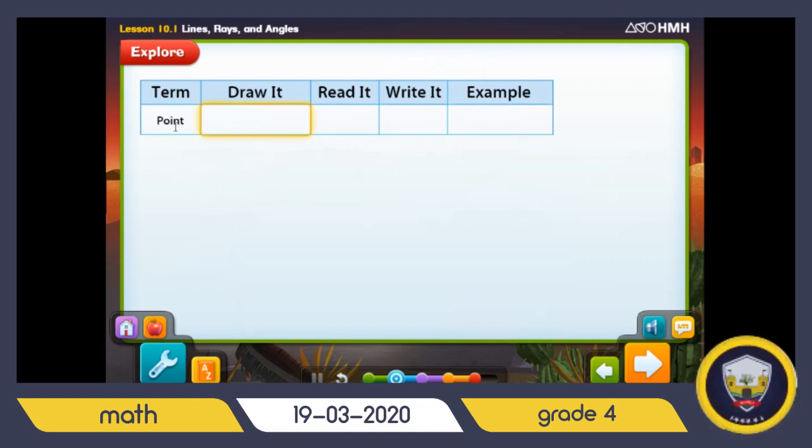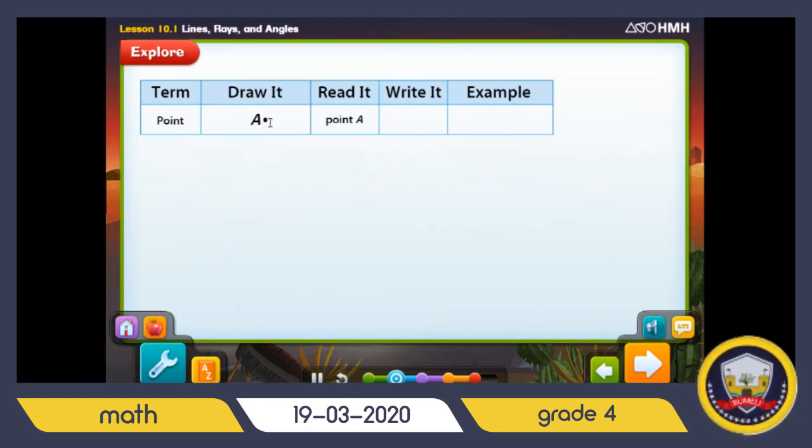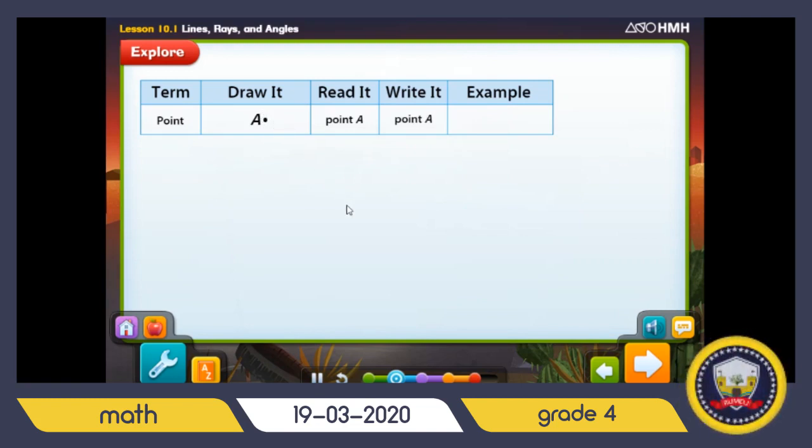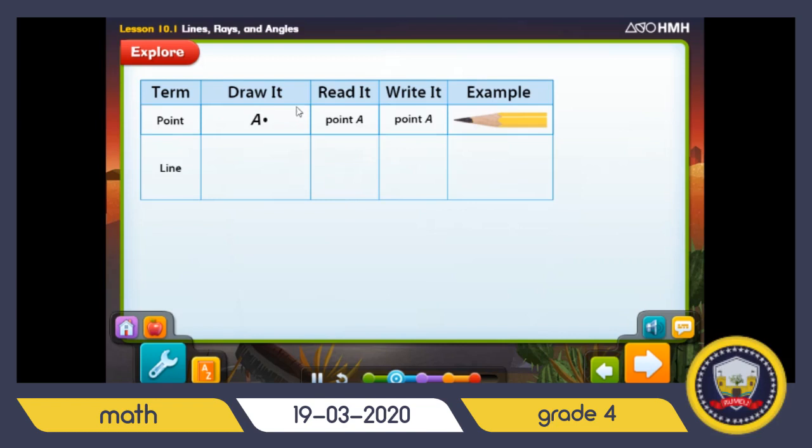First term is points. You already know the points. How can you draw it? Each point, you can use your pencil. Just take your pencil and put one dot on the notebook. So this is your point. Each point has a name.